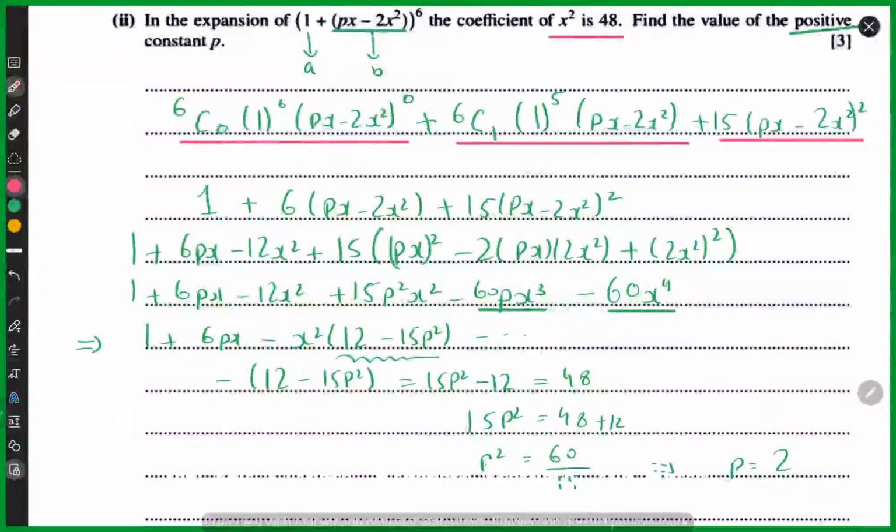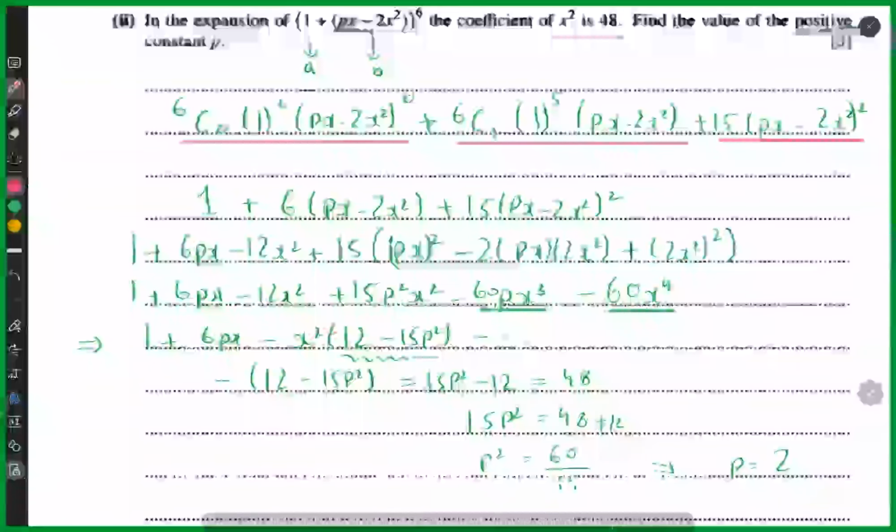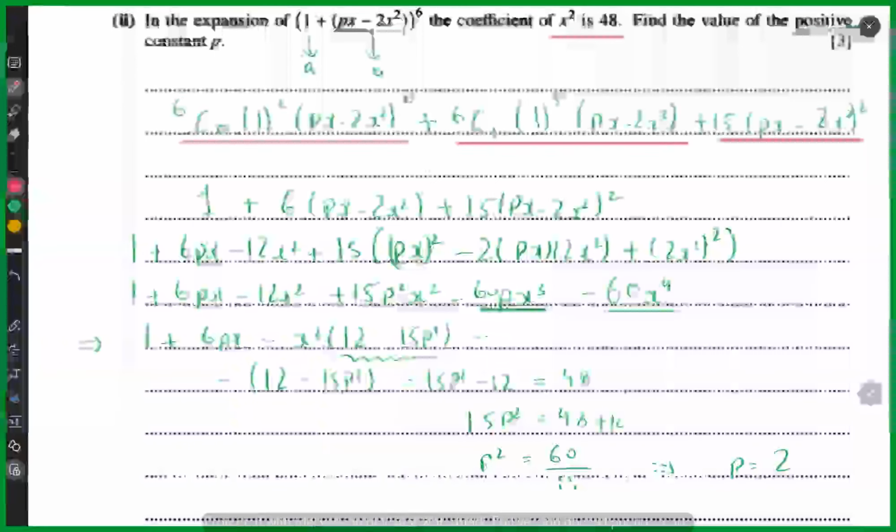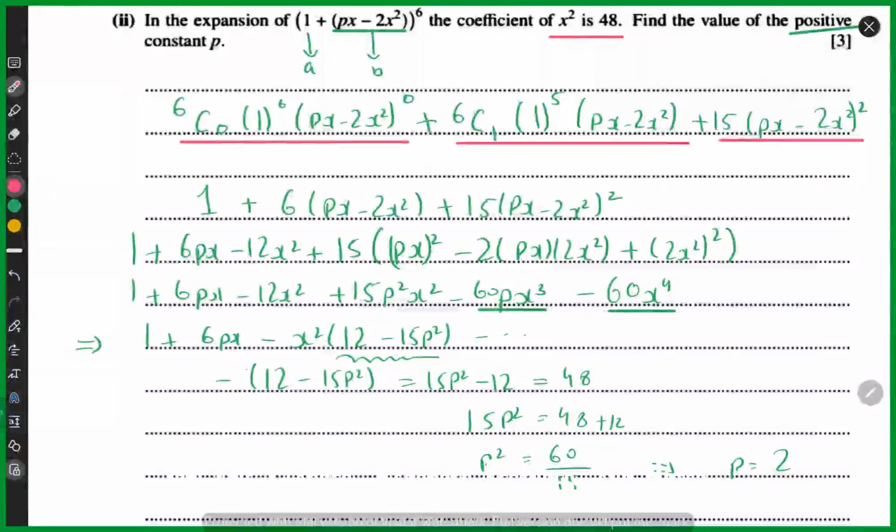After multiplying and simplifying, this was the constant term, the term with x, and the term with x². After finding the exact term with x², it turned out to be 15p² minus 12. I equated this term to 48 and got p equals 2. This is the difference between this question and the previous questions that we have done. Are we clear with this?